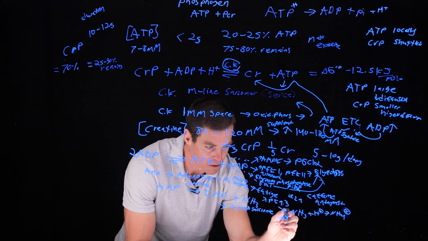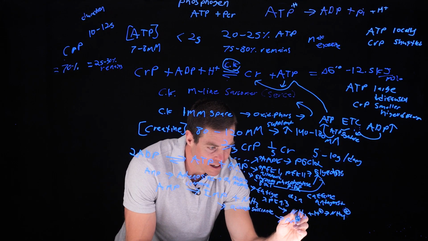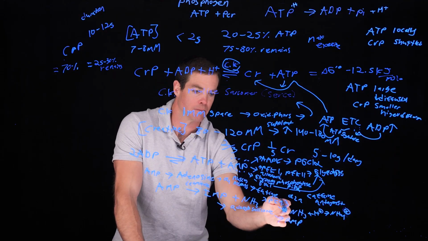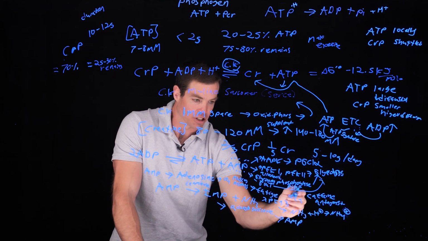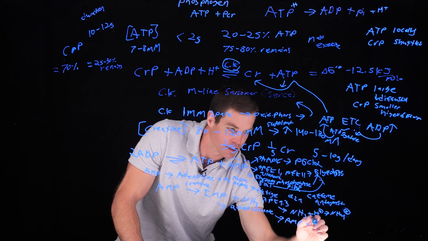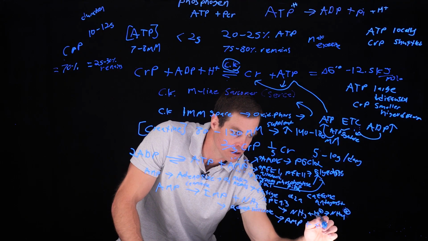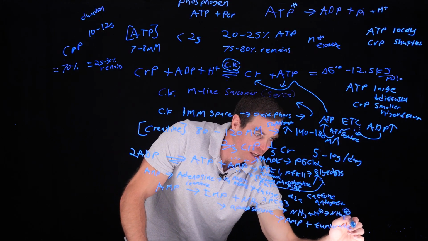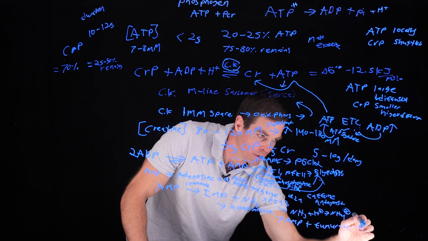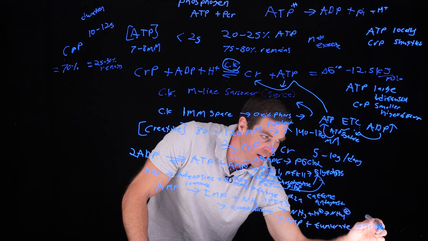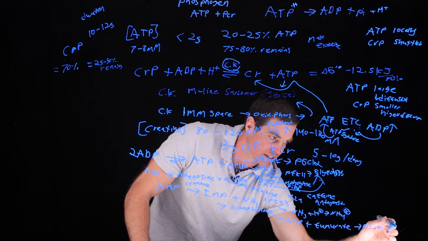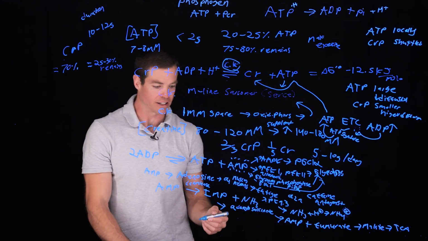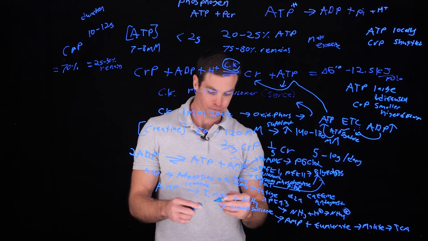But then you're able to get AMP, so now you're back to AMP. AMP can do the same things that we talked about, but in the same reaction you also form fumarate. Fumarate can get converted to malate, and then that's going to enter into the TCA cycle, so it becomes an energy substrate as well. So that's another potential pathway for AMP.